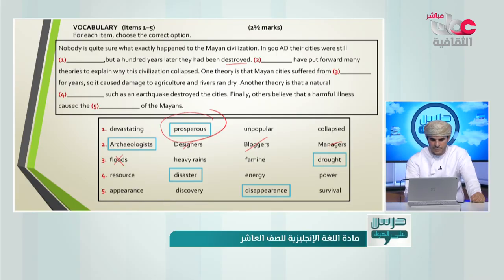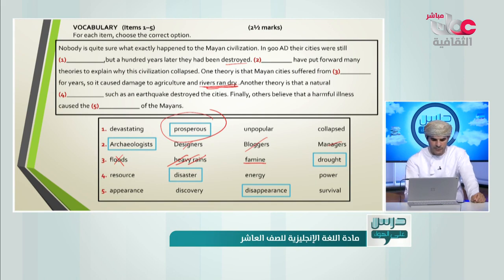It cannot be flood because they said what? The rivers ran dry, it became dry. No heavy rains. Because what? There is no water. So how come floods or heavy rains? Of course, take them out. Famine or drought. So it's drought because rivers run dry. No water in the rivers.